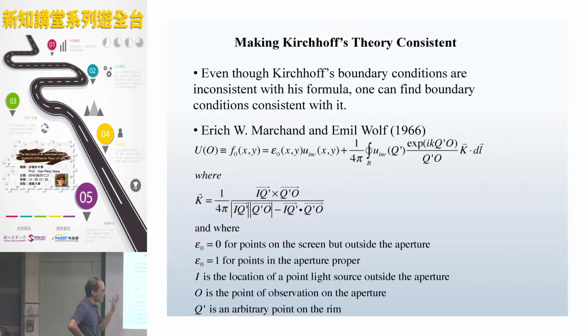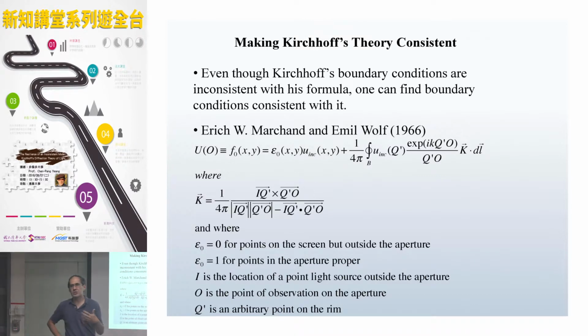So they argued that, well, Kirchhoff's boundary condition could not produce his diffraction formula, but how about if we gave a different set of boundary conditions? Then we may be able to produce Kirchhoff's formula, right? So this is the boundary condition that Marchand and Wolf came up with.